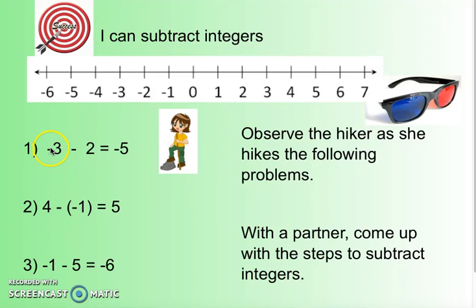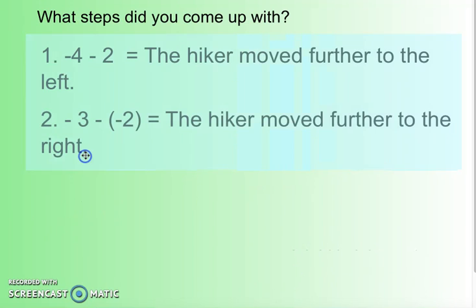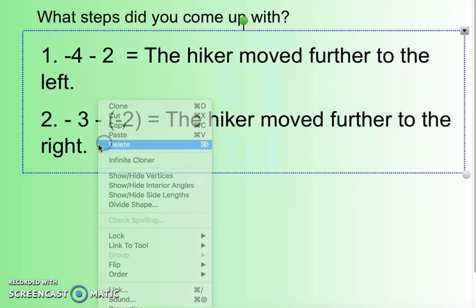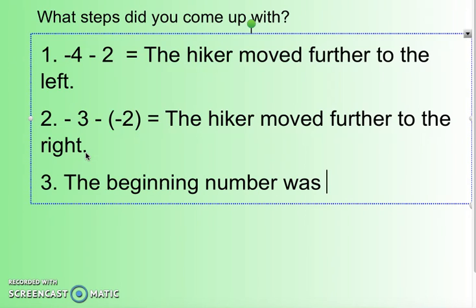That's what I noticed. The other thing I noticed is that this number was always her starting point. And with those observations, I'm going to also add that the beginning number was her starting point.